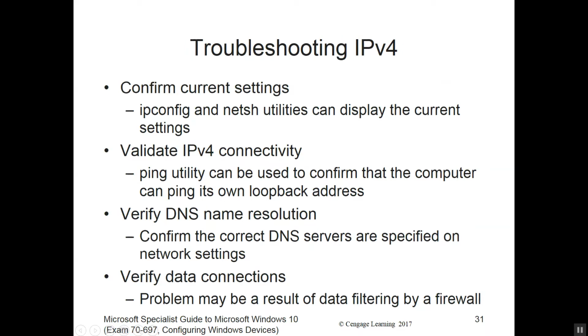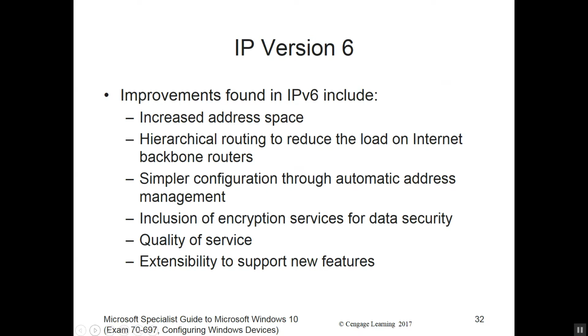Now, troubleshooting IP version 4: confirm the current settings, ipconfig, netsh. Most of this we just talked about while we had it up. Now we've got improvements in version 6: increased address space, hierarchical routing to reduce load on the internet backbone routers.